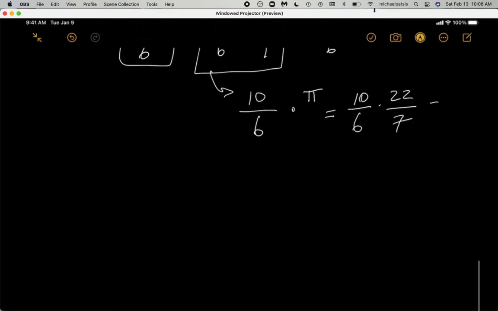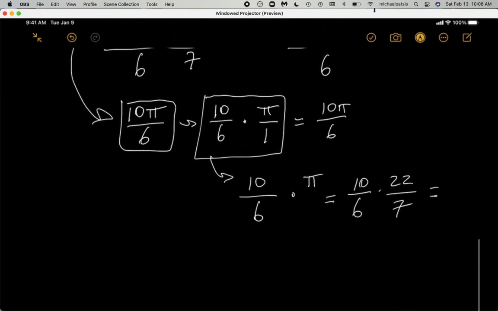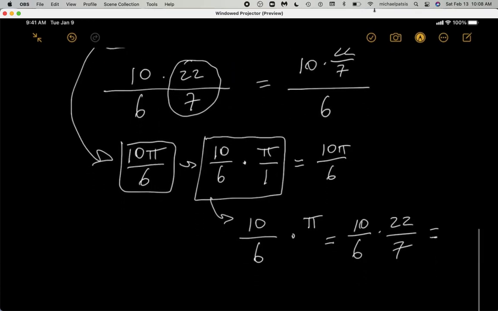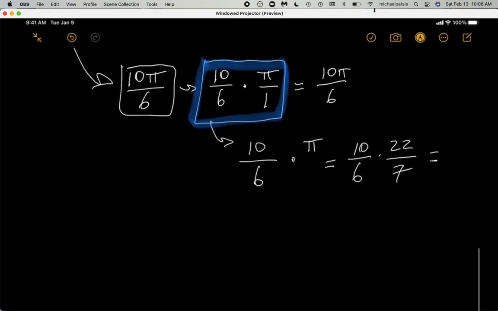So now you know you did everything completely legally. And it turns out that yes, you could have done that. You could have put the 22 in the numerator and the 7 in the denominator. But again, if you're not sure, don't hesitate to expand things out. Sometimes that clarifies things. Okay, so now we're back here.